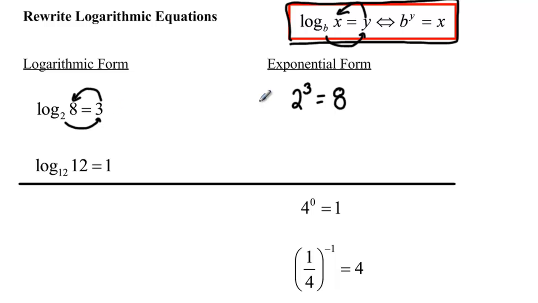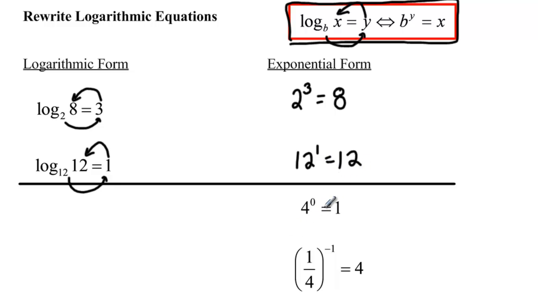And this is in logarithmic form, this is in exponential. Here's another one. 12 to the 1st power equals 12. So in logarithmic form, we say log base 12 of 12 equals 1. In exponential form, we would say 12 to the 1 equals 12.